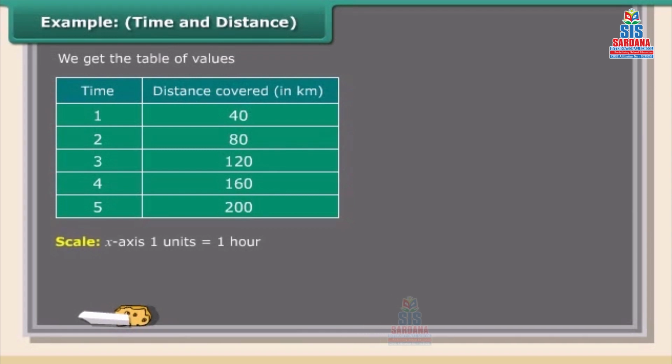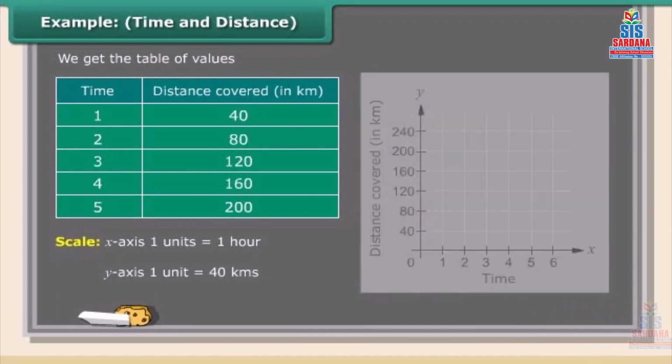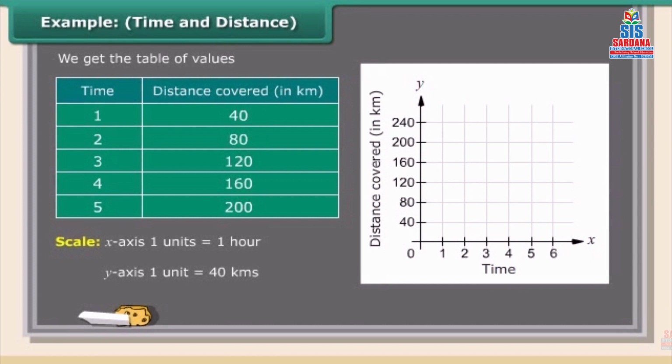Scale: x-axis 1 unit equals 1 hour. Y-axis 1 unit equals 40 kilometers. A. Mark time on the horizontal axis. B. Mark distance on the vertical axis. C. Plot the points (1, 40), (2, 80), (3, 120), (4, 160), (5, 200). D. Join the points.